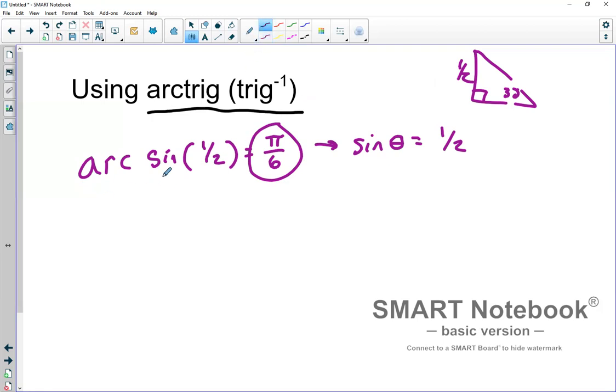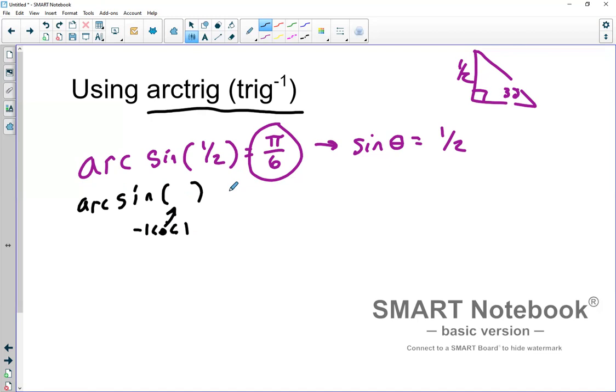Now, very important when you do arcsine, the number inside has to be between -1 and 1. I don't think I mentioned this before. The number inside arcsine has to be -1 through 1.